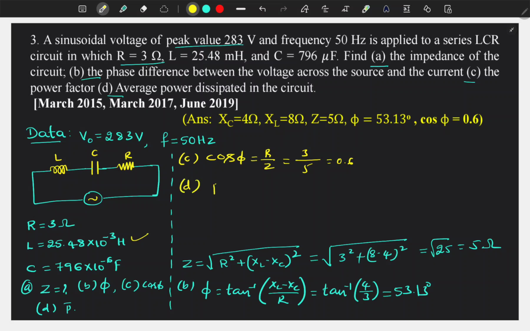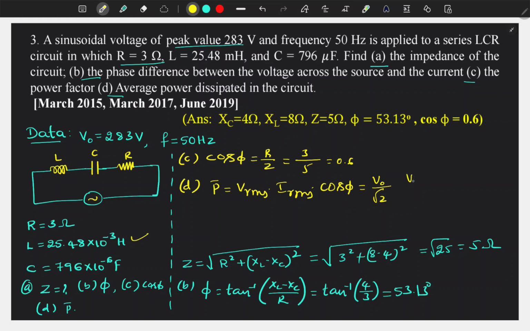The average power dissipated is given by Vrms into Irms into power factor cos phi. Since Irms is not given, Vrms is also not given, I will take V0 by root 2.